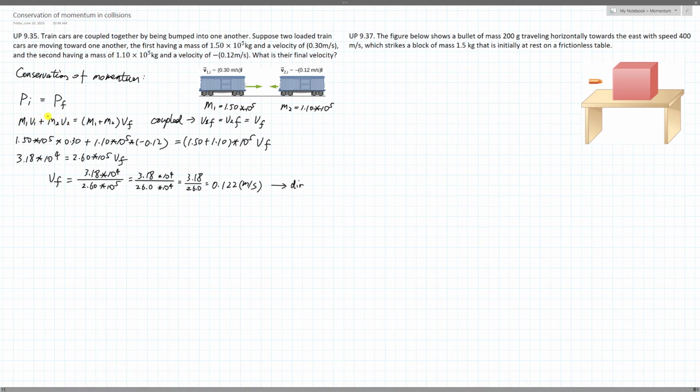Their individual momentum is calculated and added together. And we need to be careful with the velocity directions because they do differ. And then the final momentum would be the m1 times v1 final, m2 times v2 final, except that they're combined, they're coupled. So we're saving one unknown, right? They have the same exact final velocity, and that is the variable we're solving.